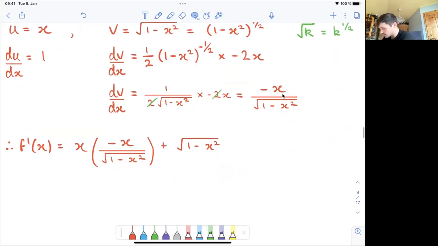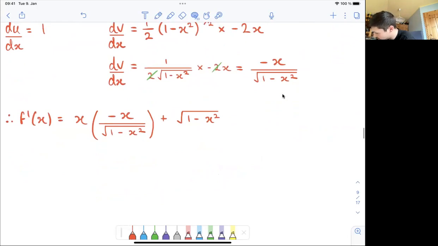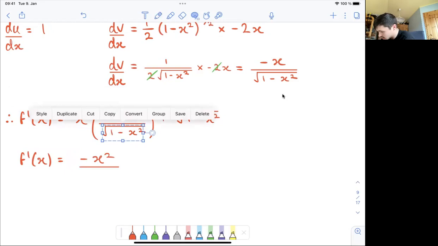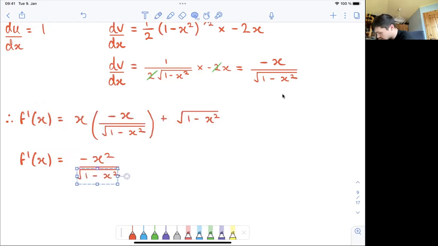Now if we want to clean this up a little bit, we've got negative x squared on the top over the square root of 1 minus x squared, plus the square root of 1 minus x squared.